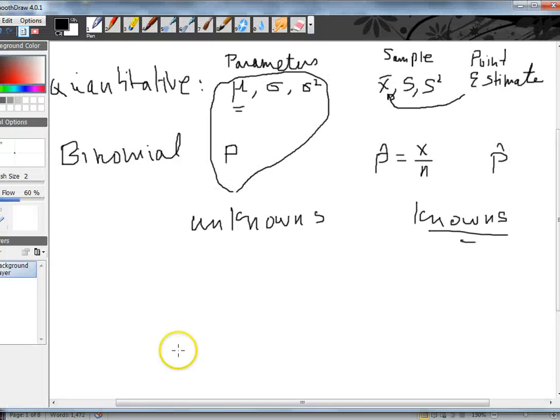So what that means is, if this is my unknown parameter mu, I want x bar, which is the point estimate for mu, to have a mean equal to mu, which is what we know we do in all cases. I want it to have small variance, which means I don't want the distribution of x bar to be like this. I want the distribution of x bar to be like this.